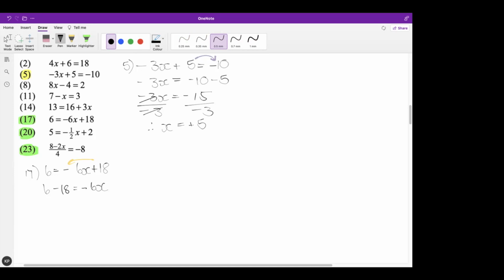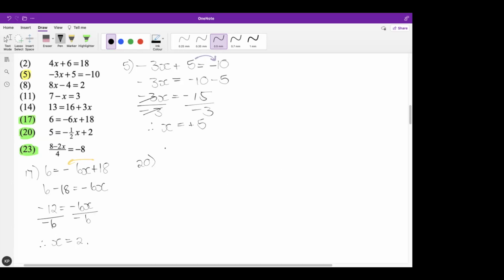What is 6 minus 18? 6 minus 18 is negative 12. Thank you. Is equal to negative 6x. Divide by negative 6 on both sides. Therefore, x is, what's negative 12 divided by negative 6? 2. Great. All right.